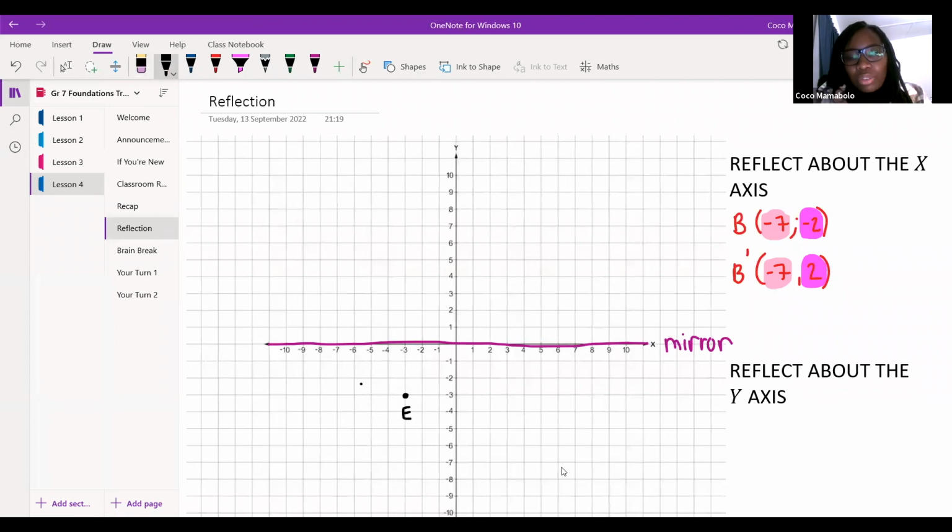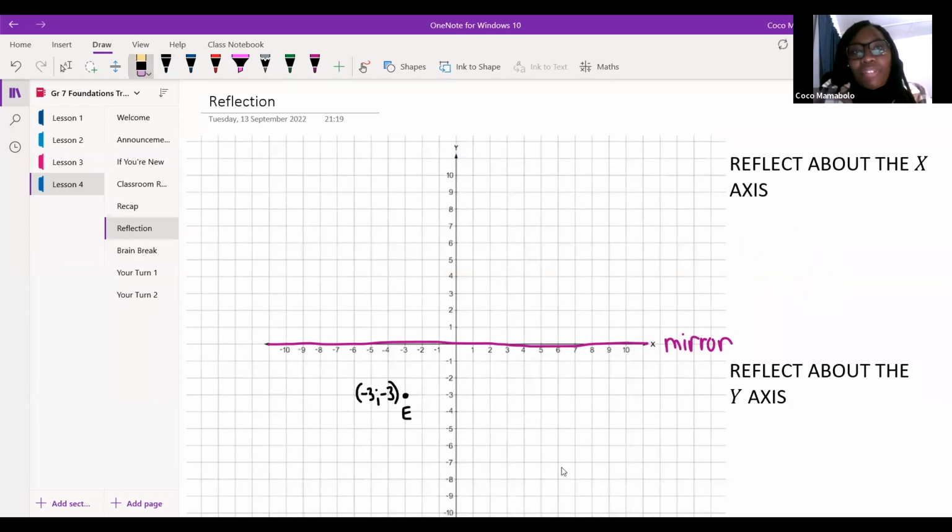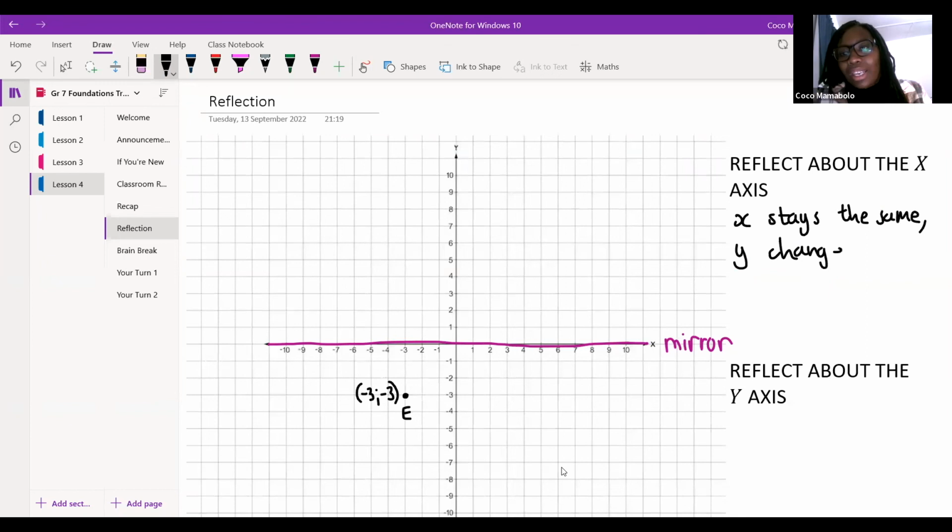My coordinate for E is -3 and -3. Now, I want you guys to remember that our rule says if I reflect about my X line, my X stays the same and my Y changes the sign.